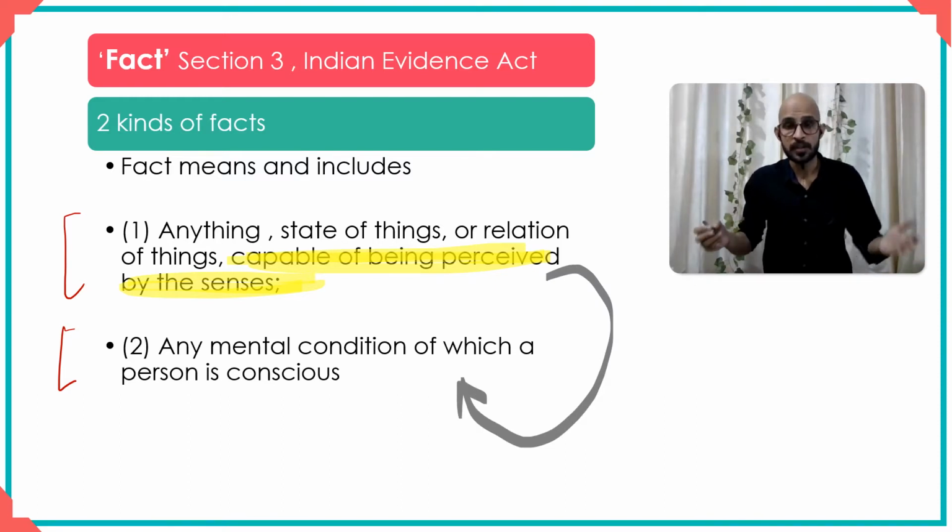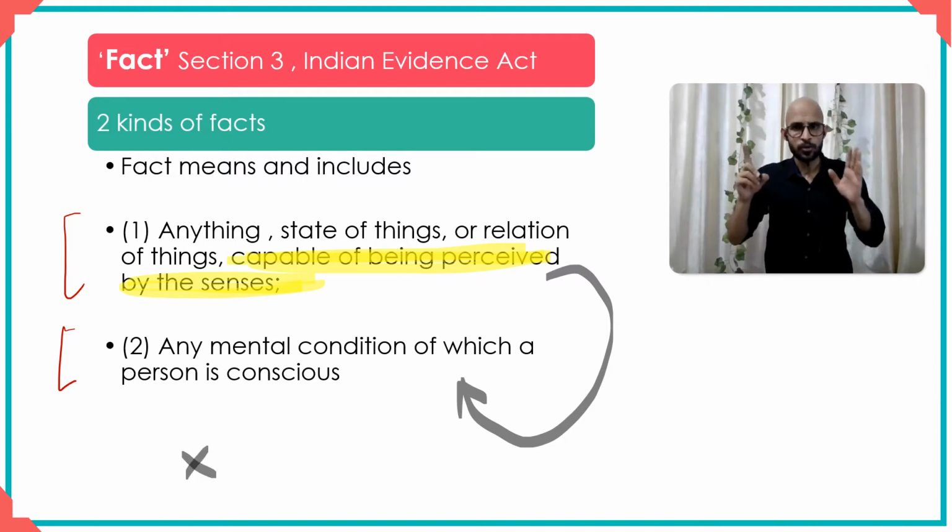Perhaps it does include things which are not capable of being perceived by the senses. So I just want you to stay alert to this fact that when you see a subsection 1 and a subsection 2, you must understand that subsection 2 gives you something new, something which has not been given in the first subsection, right? Let's go a little further and analyze these two subparts a bit more.